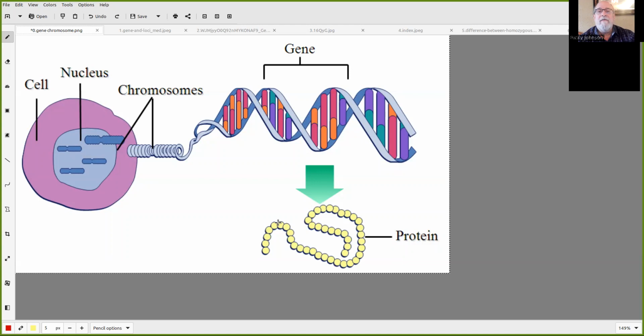All right, now that is a physical change, or physical work, I should say, but proteins also do chemical work. They may act to break down your food.